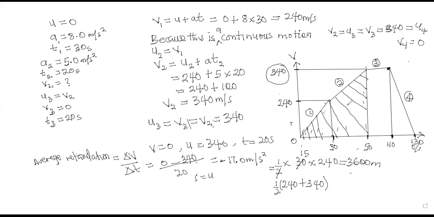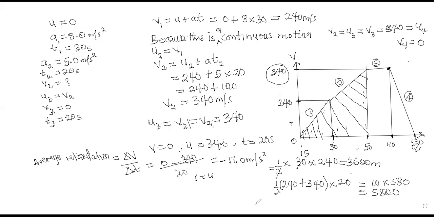And H is the height perpendicular to both, and that is 50 minus 30, which is 20. So we have 10 times 580, and that is 5,800.